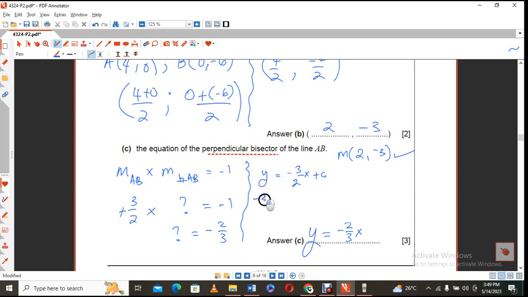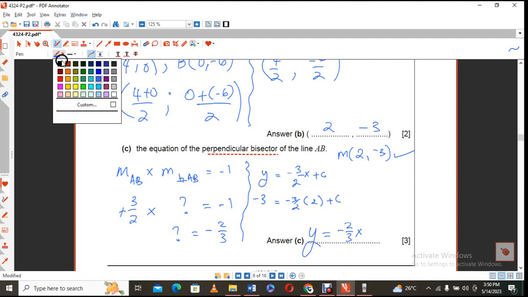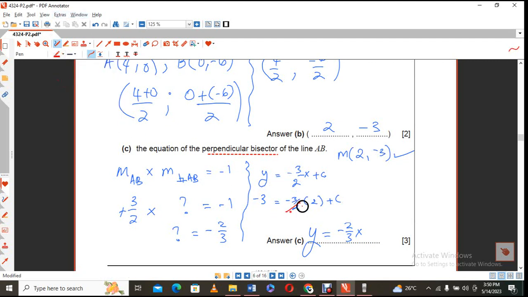So y being -3 equals -3 over 2, x being 2, plus c. The 2s cancel here, and you have -3, and you have a -3 over here, so -3 plus c. So obviously c will equal 0 if you bring it over there.